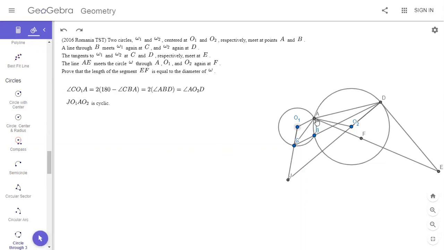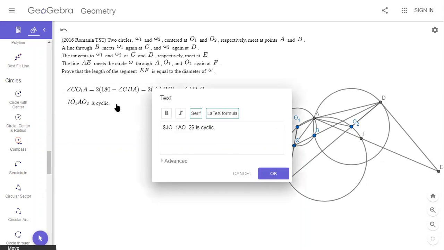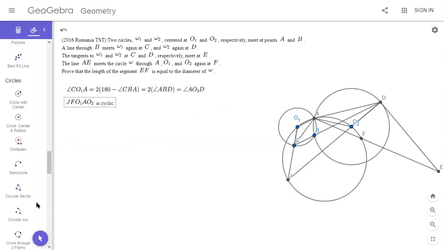Okay. So I'll just add F here. And then we can use an angle chase to show that JADE is cyclic.